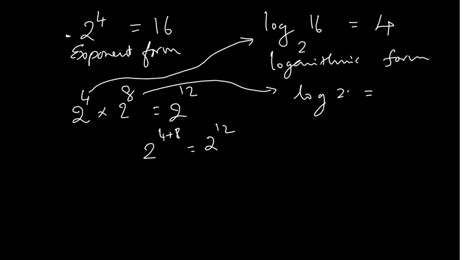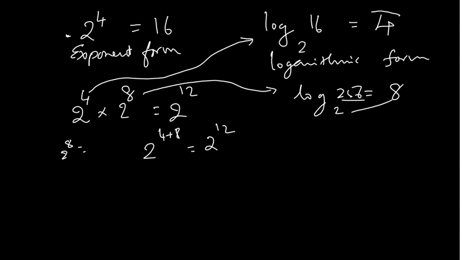So 256 to the base 2 is 8. How did I get 256? I actually did 2 to the power of 8. Afterwards, now I am telling you.